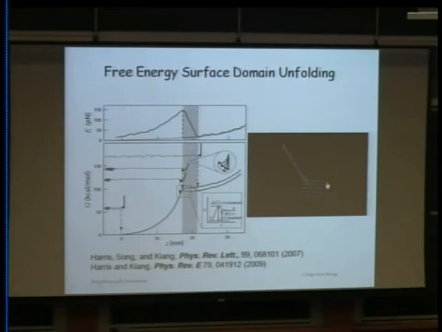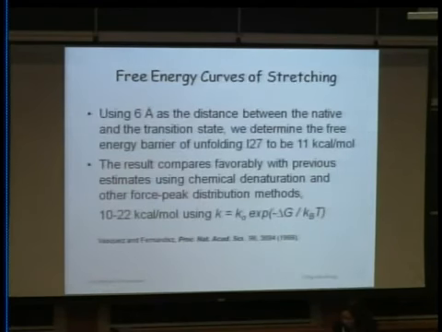Once the hydrogen bonds break, that's considered unfolding of the protein, and the force drops. Then we're probing the next domain unfolding. This whole part is called the free energy landscape. We can get that through this, and we can integrate it.